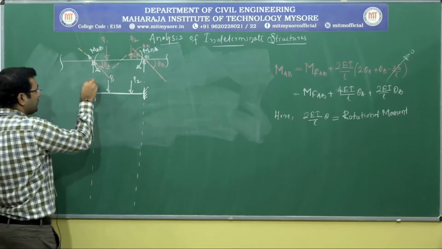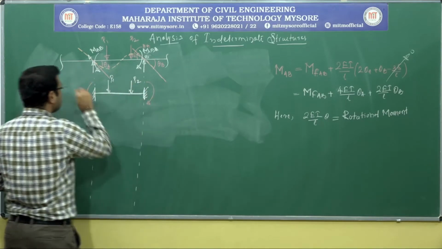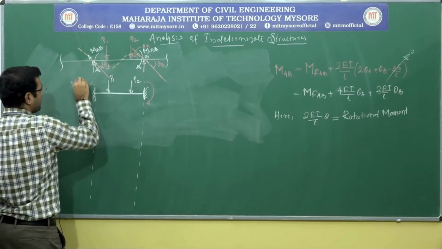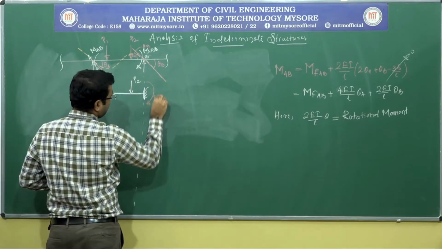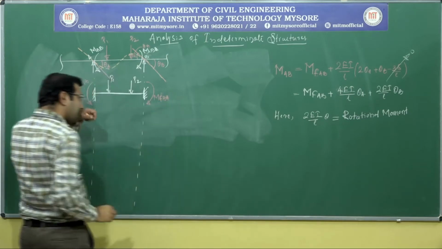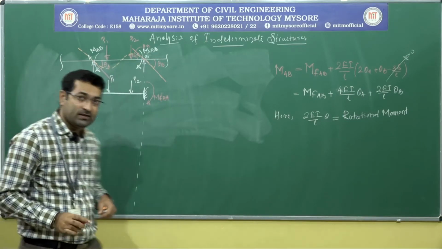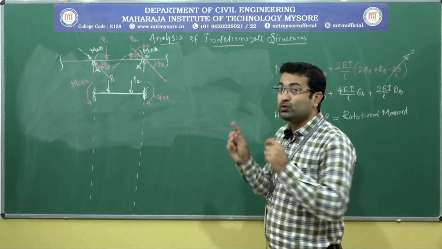So, let us say those end moments are MFAB and MFBA. These are the fixed end moments developed at the ends A and B due to the external loading.